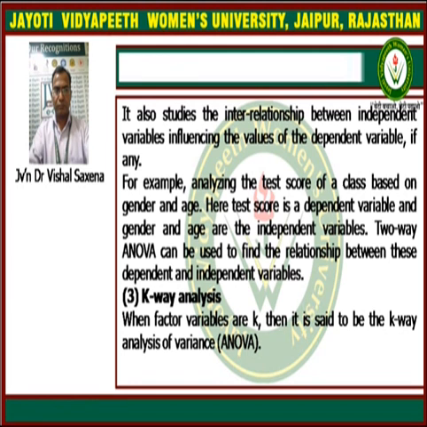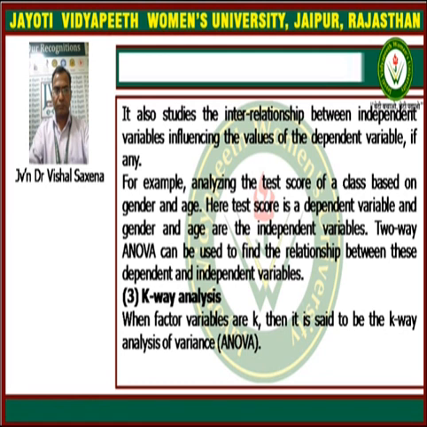For example, analyzing the test score of a class based on gender and age. Here test score is the dependent variable and gender and age are the independent variables. So two-way ANOVA can be used to find the relationship between these dependent and independent variables.